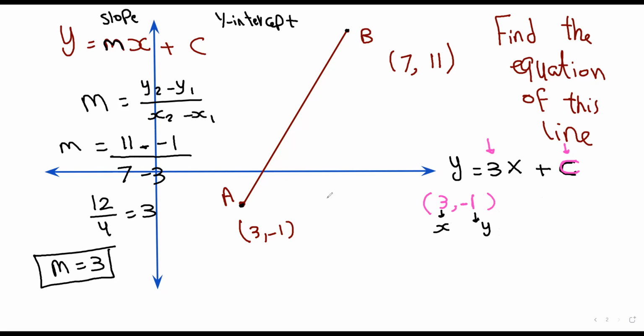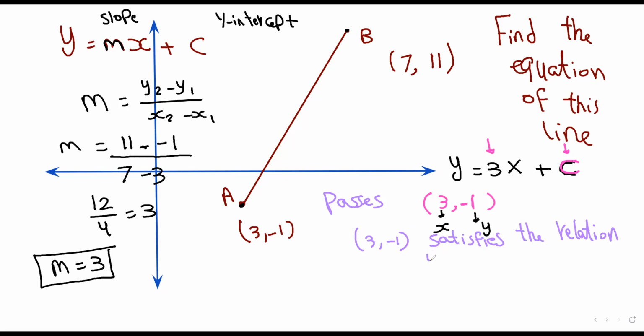Or the line passes through this point. The line passes through (3, -1). So (3, -1) satisfies the relation. Do you know why? Why did I say (3, -1) satisfies the relation? Because the line passes through this point.